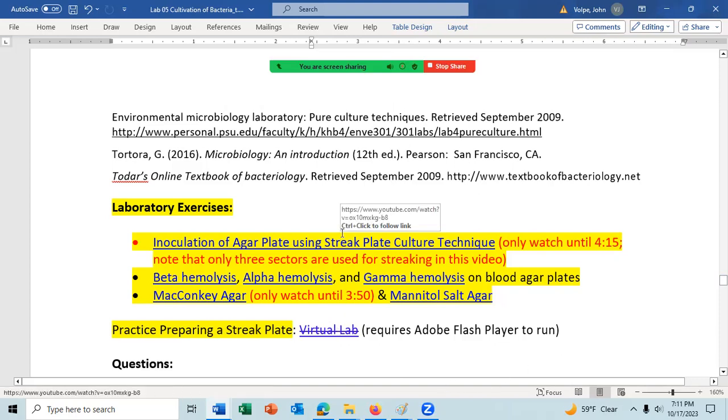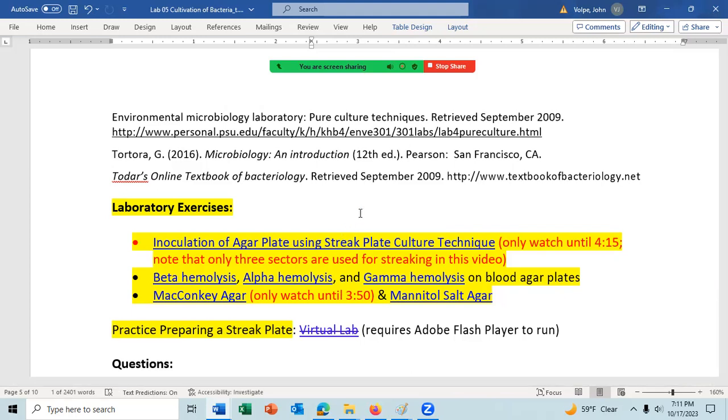Anyways, there's a video on inoculating an agar plate using streak plate culture technique. You only need to watch this video to 4 minutes and 15 seconds into the video. And you should note that this video uses 3 sectors instead of 4 for streaking for the colonies. We then have 3 different videos, one on beta hemolysis, one on alpha hemolysis, and one on gamma hemolysis of a blood agar plate.